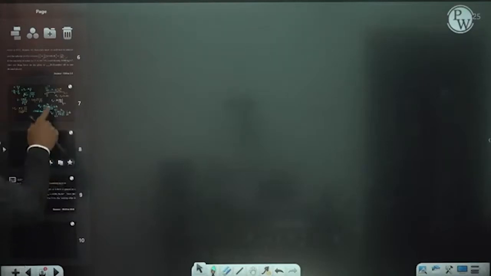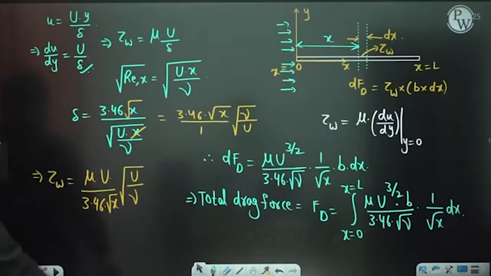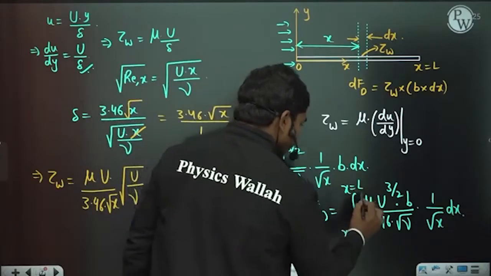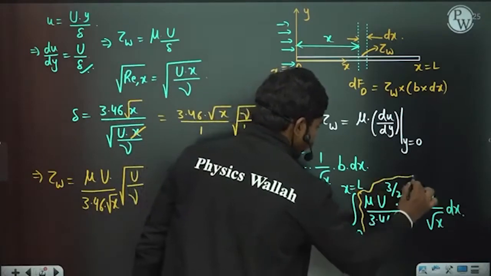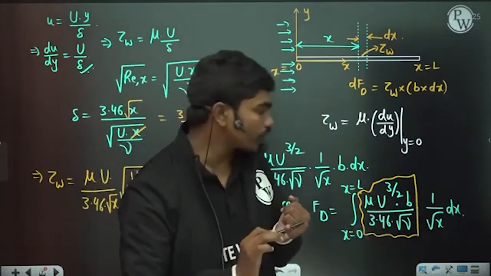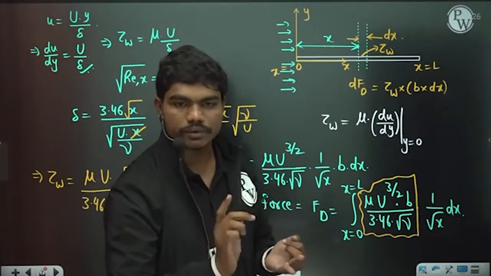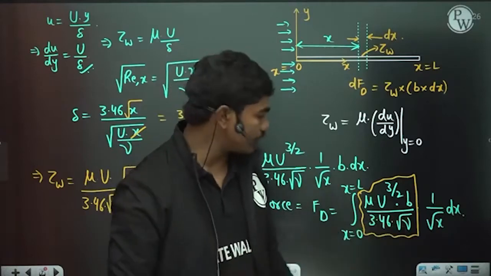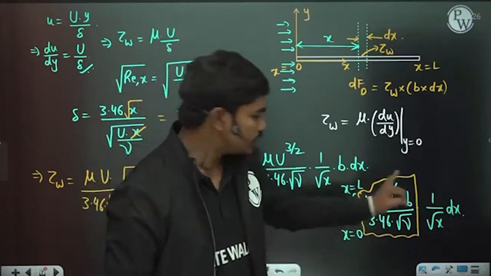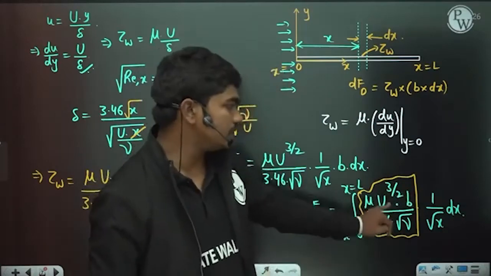Now if you see, this complete combination of terms is a constant, yes or no? Because the dynamic viscosity of the fluid is constant, the free stream velocity is some given value, the width of the plate is a constant value, 3.46 is constant, and the kinematic viscosity of the fluid is also constant. So this complete term is actually a constant.